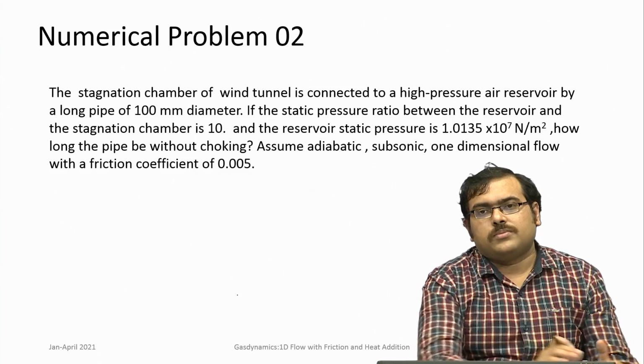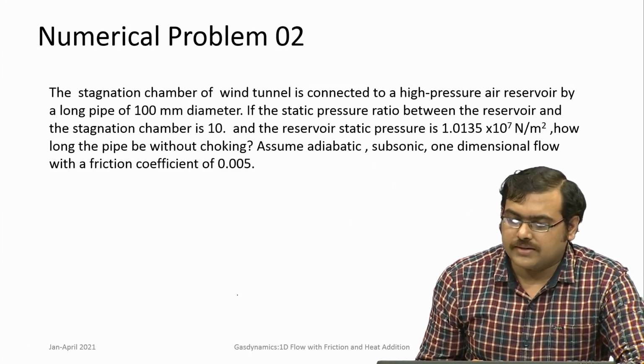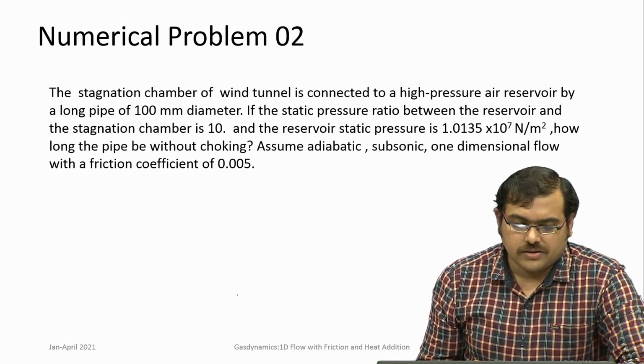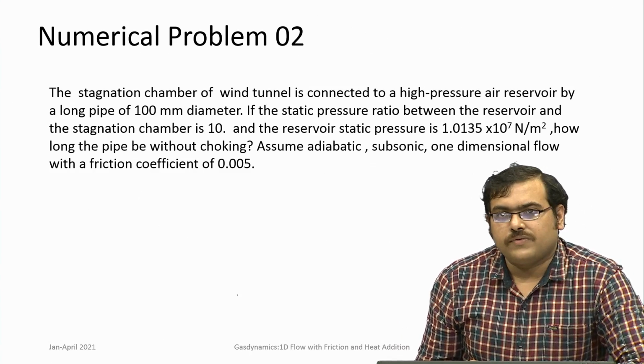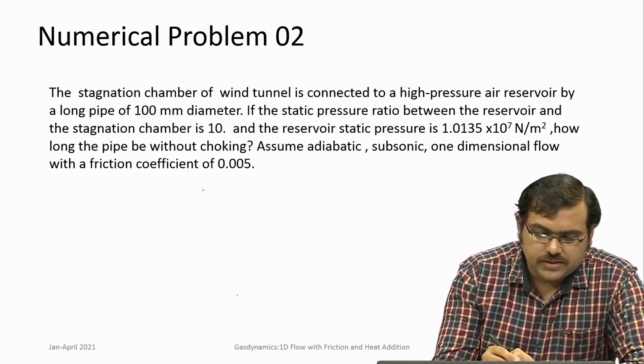So, what should be the length of the pipe so that there is no choking? Assume adiabatic subsonic one dimensional flow with a friction coefficient of 0.005. So, let us represent it schematically.